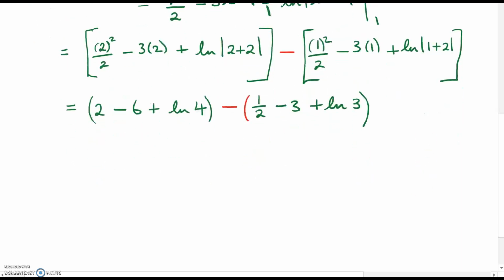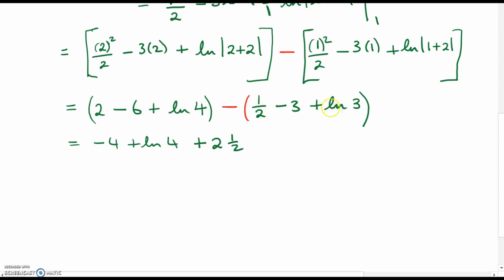Okay, and now we can tidy this up a little bit. 2 minus 6 is negative 4 plus the log of 4 minus 1/2 plus 3. If you distribute the minus sign, you get negative 1/2 plus 3. 3 minus 1/2 is 2.5, so that's plus 2.5.